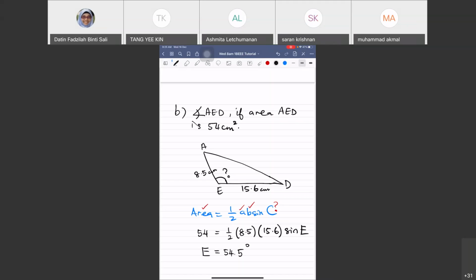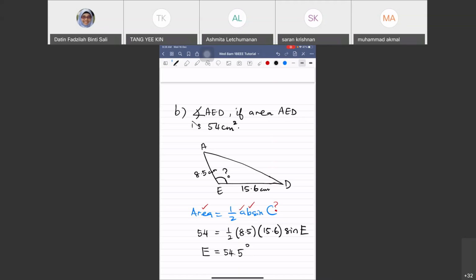Do you think it's logical? Look at the diagram. Because this uses sine inverse, you have to consider angles in quadrant 1 and quadrant 2. Is it logical to have an acute angle there?